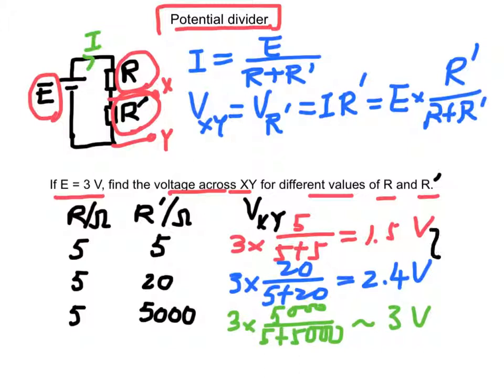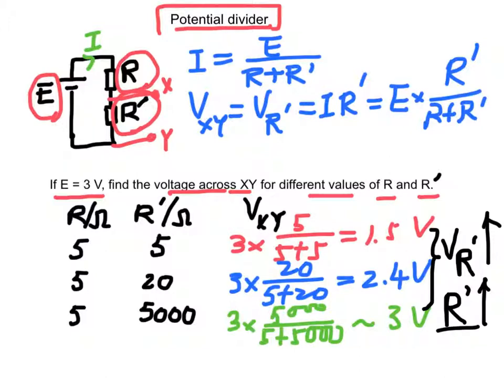From these examples, we see that if we want to have a greater voltage across the resistor, that means if we want to have a greater voltage VR pi, then we should use a greater resistance R pi in the potential divider in order to give a greater voltage across it.